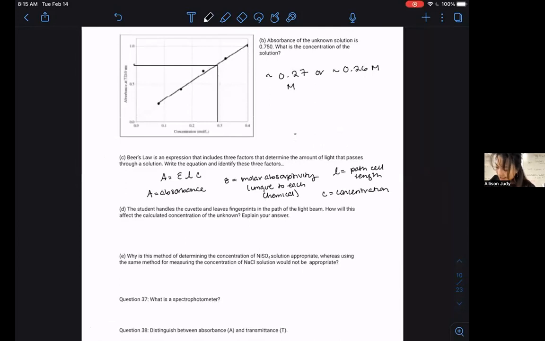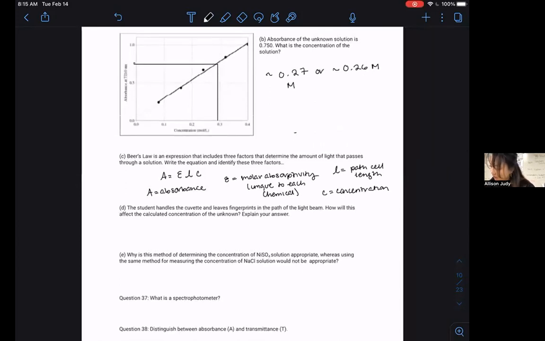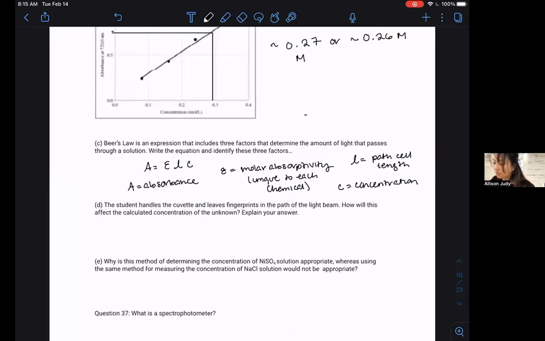How about D? Or technically, I guess C, because I split the question. The student handles the cuvette and leaves fingerprints in the path of the light beam. How will this affect the calculated concentration?